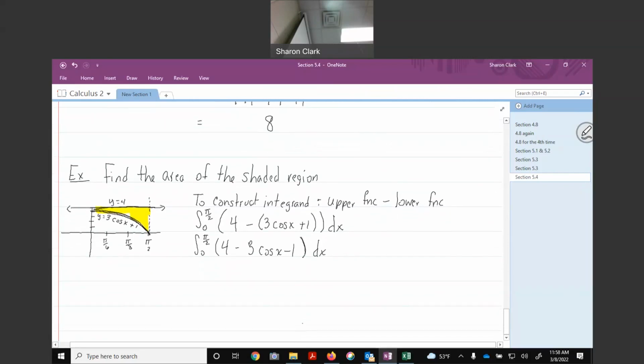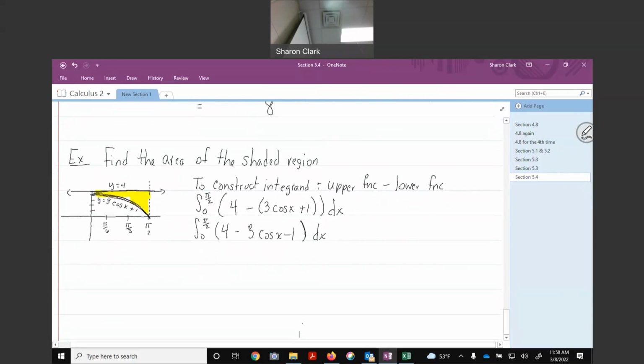Y'all getting ahead of me. Right now we're using rectangles, but instead of calculating all those little rectangles, we're doing the integration, which is the same thing. Somebody somewhere calculated all those little rectangles a long time ago.